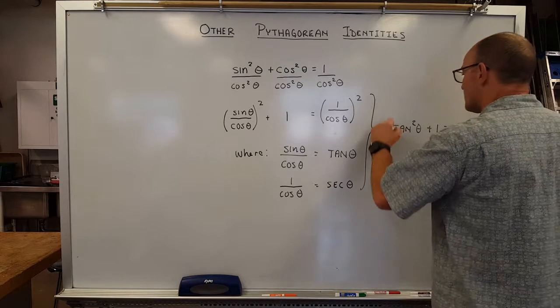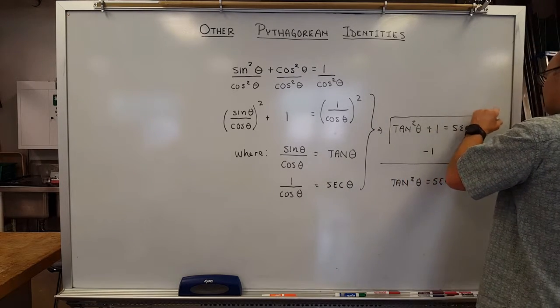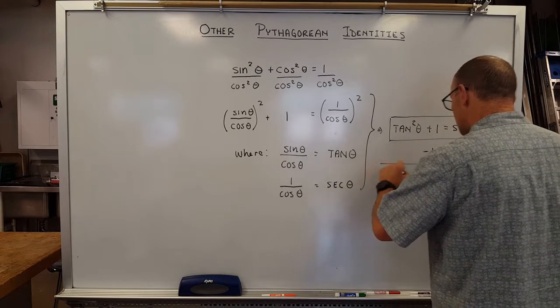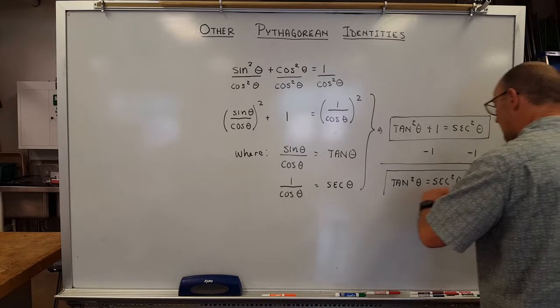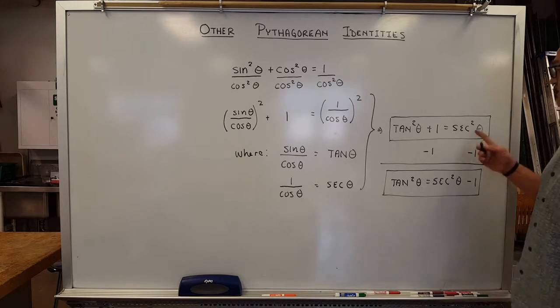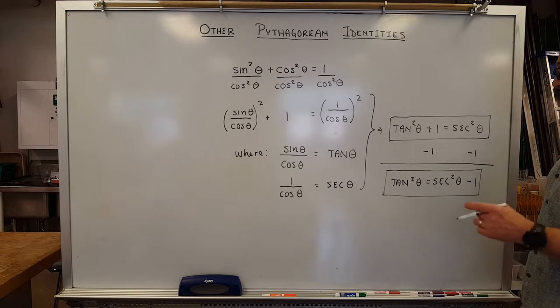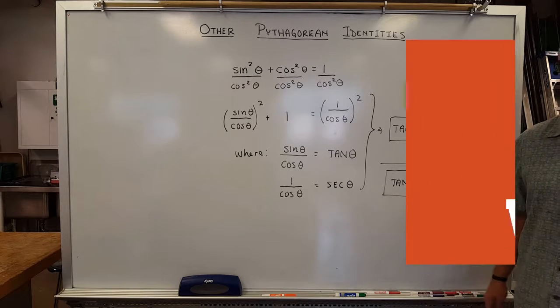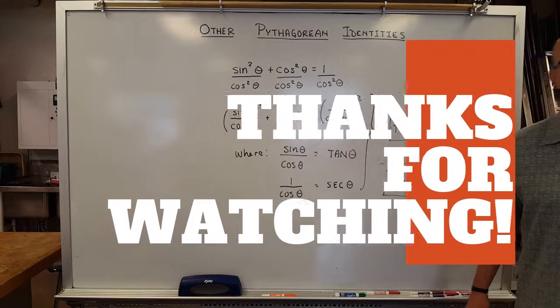So, the two trigonometric identities that we have proven are tangent squared of theta plus 1 equals secant squared of theta, and tangent squared is equal to the secant squared of theta minus 1. Okay.